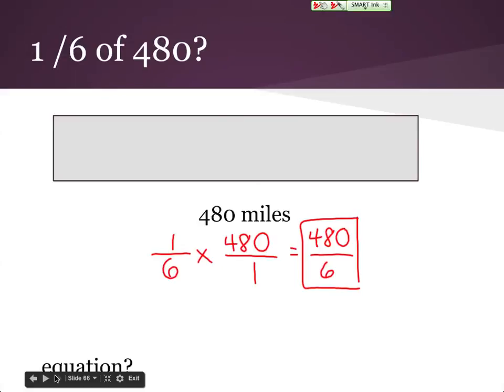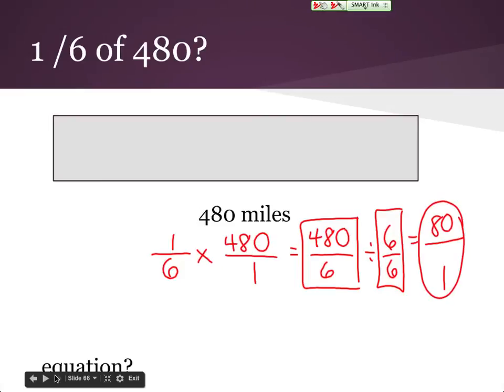Will 6 go into 480? Yeah, so we're going to divide both by 6 over 6. How many 6's go into 6? 1. How many 6's go into 480? 80 over 1, and the identity property says if I divide anything by 1, it becomes itself.